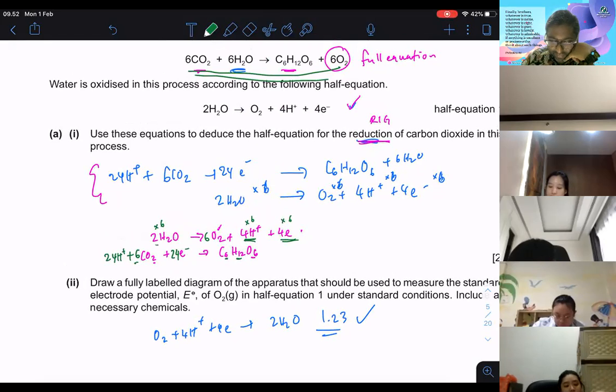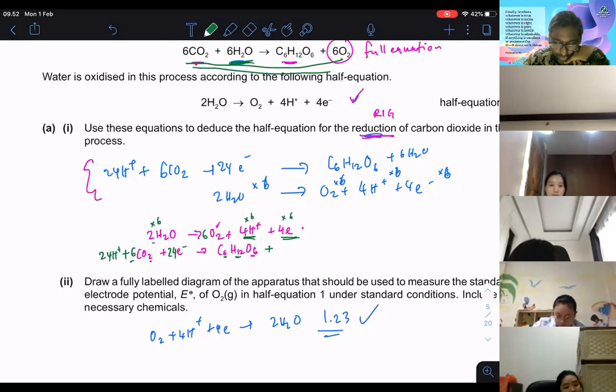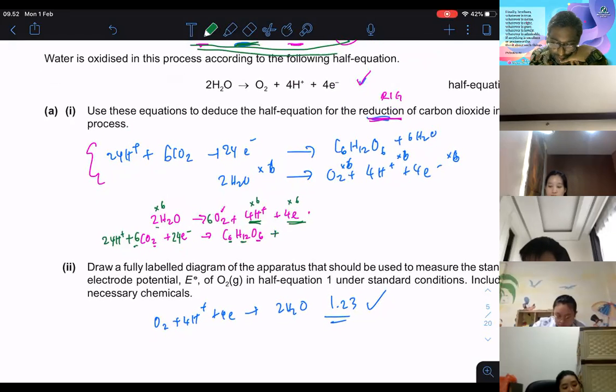When I times by 6, I'm going to get 12 water, but overall I'm only having 6 water. So it means that the water is not going to be enough here.